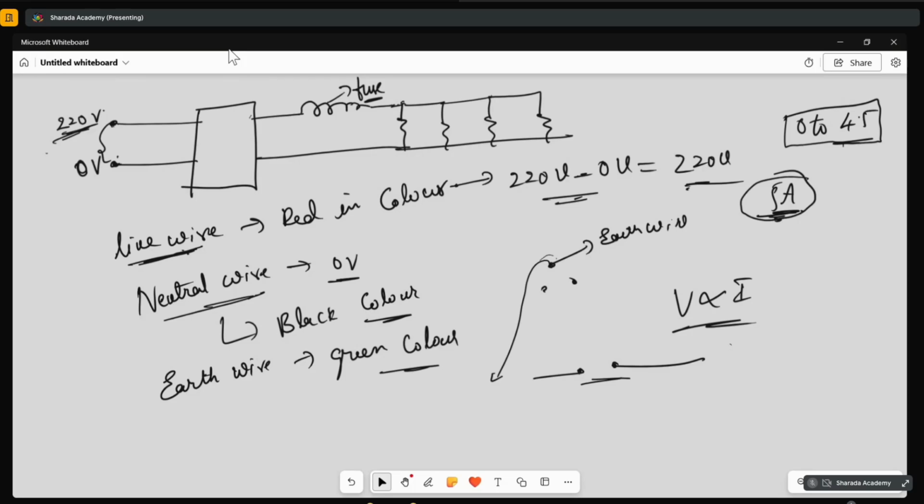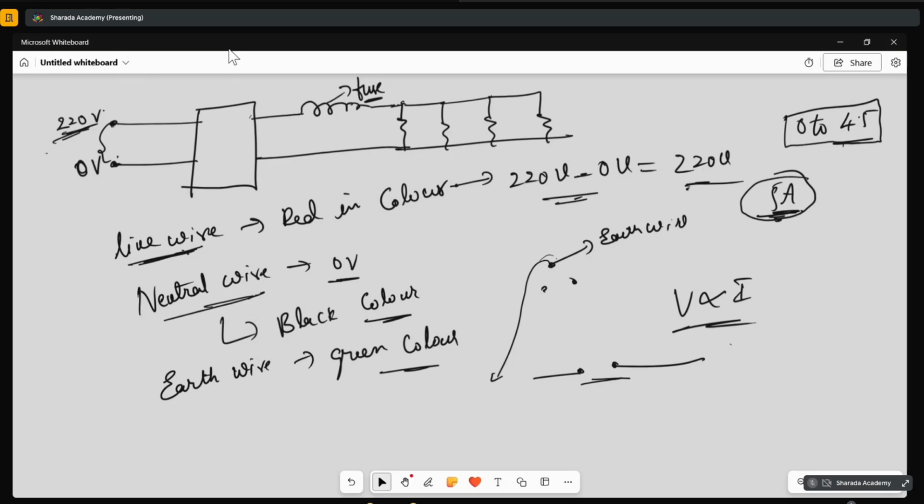At that time, resistance becomes very less. And we know that voltage is equal to current into resistance. Resistance becomes very less, then current increases enormously. Heat increases so much that it catches fire. Okay, that is short circuit.